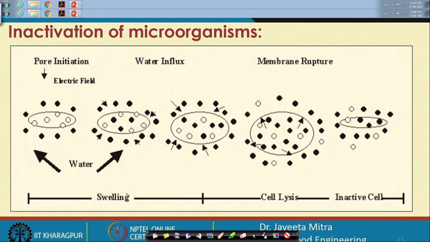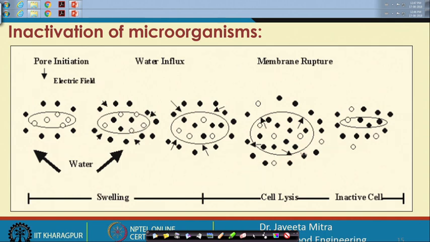When this pore initiation has happened, the next step is swelling, which starts from the onset of electroporation. The water influx into the microbe cell continues, and cell lysis starts. After the swelling comes cell lysis, and then the intracellular material also comes out of the cell.